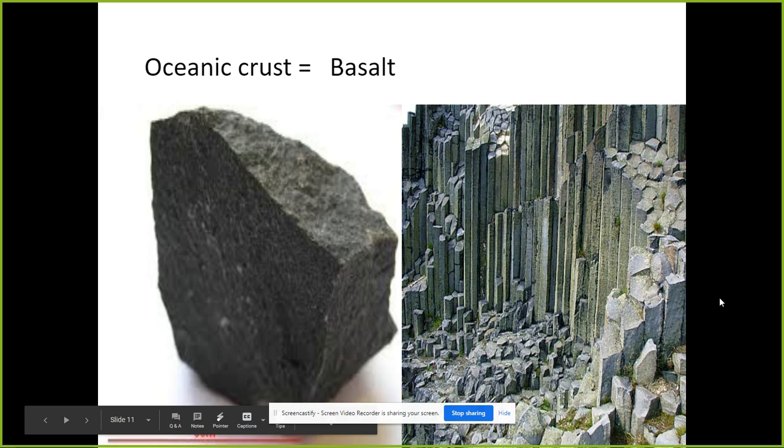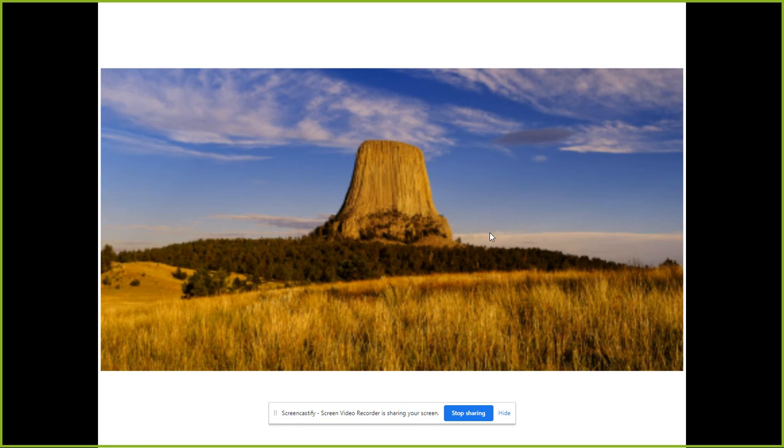This is basalt. This is what oceanic crust is made out of. These pillars right here, I forgot the name of them, but that is basalt. This is where magma from deep in the earth has squeezed up into a volcanic vent, and that's this thing right here, called Devil's Tower. This is actually a volcano.